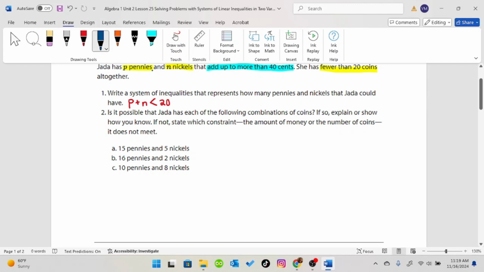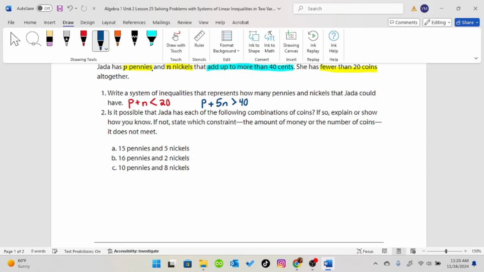So when we write this one, we would say P, because P represents pennies, and pennies are worth 1 cent, plus 5N, because nickels are worth 5 cents, and N represents the number of nickels, and it says it must add up to more than 40 cents, so it has to be greater than.